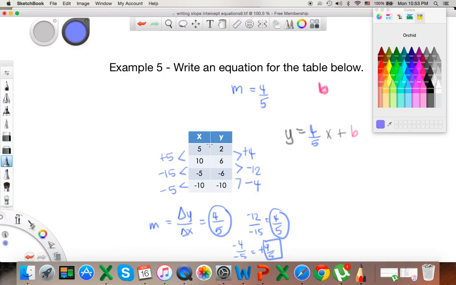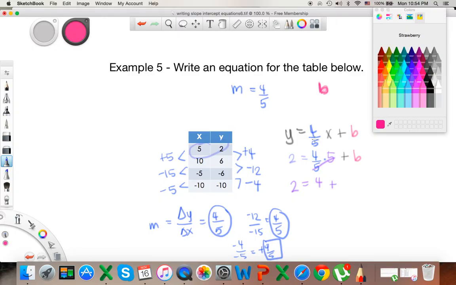I'm going to choose the easiest ones I can see, which are 5 and 2. 2 equals 4 over 5 times our x value, which is 5, plus b. Okay, so now we get 2 equals 4 plus b.